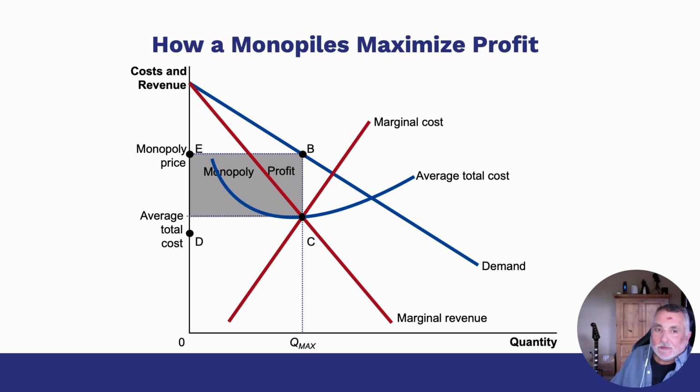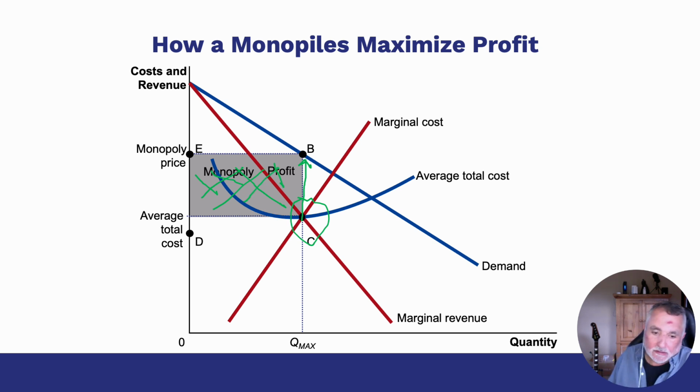So they produce up to point C, because that's where marginal revenue equals marginal cost. Then they charge up to their demand curve. Then they charge up to B. This area right here represents the profit of a monopolist. That's how much money they make above that point of perfect competition. So monopolist profit is here, right?